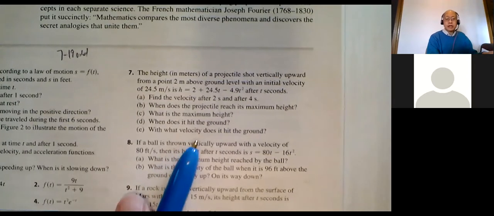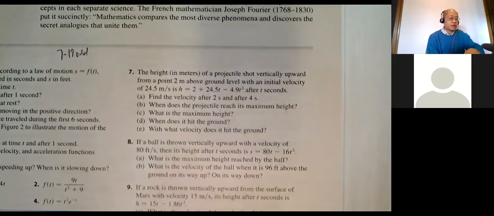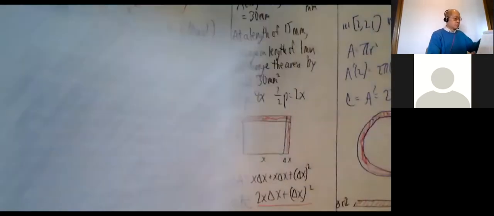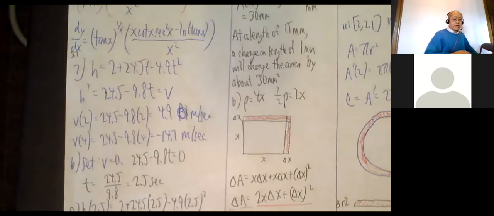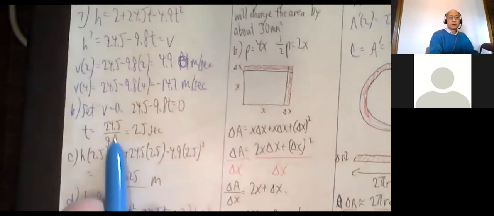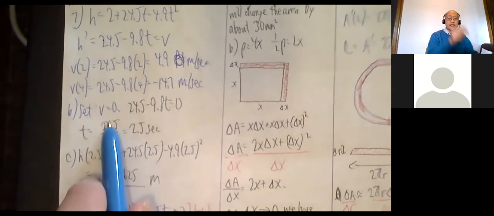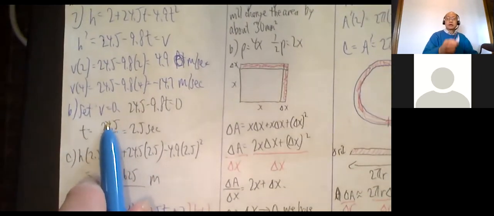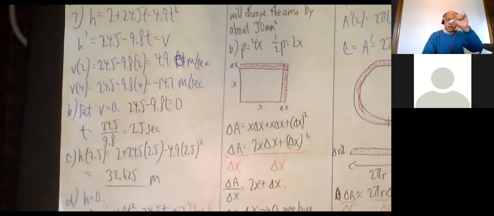So when a projectile reaches its maximum height, the velocity is equal to 0. To work that out, set V equal to 0. Once more, it goes up, comes down, so right at the very top, velocity is 0.